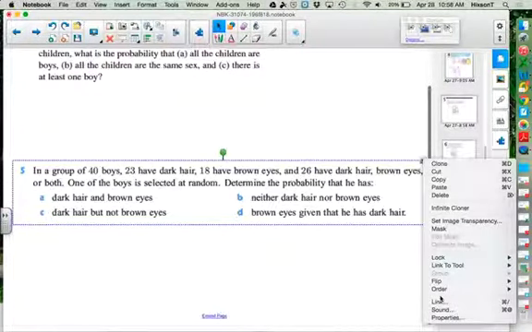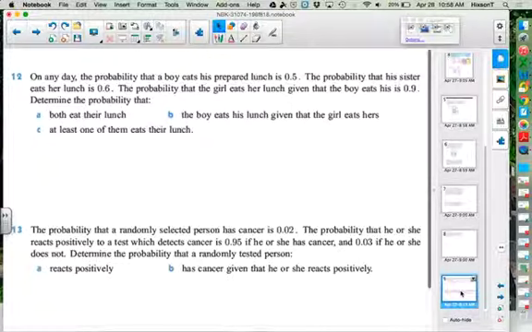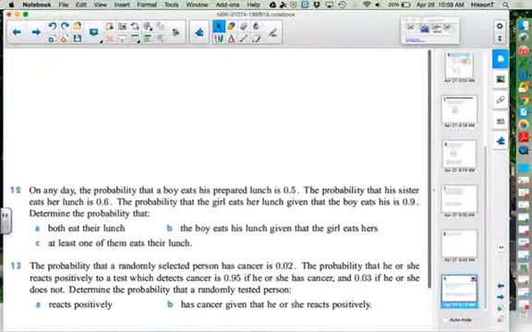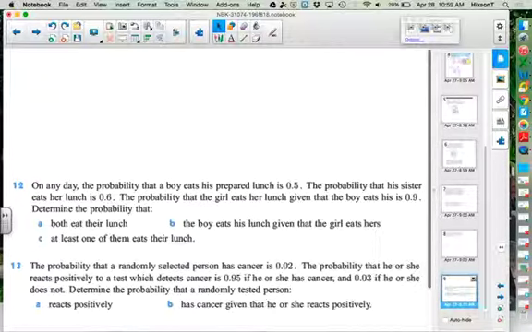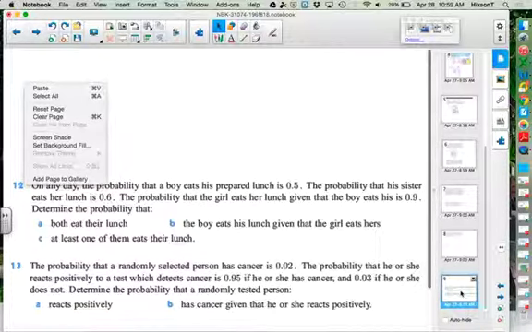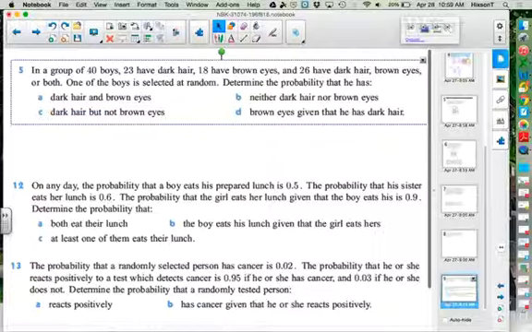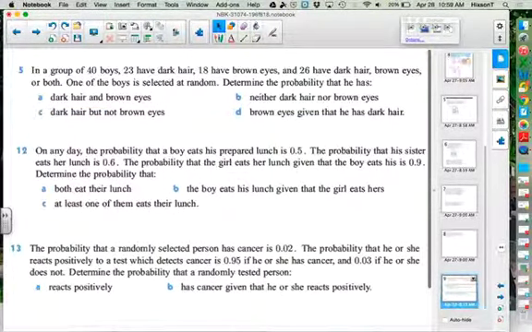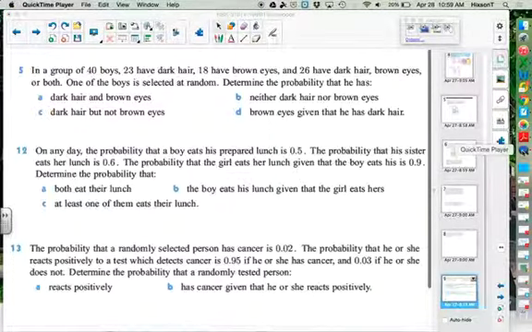If you did them, I want you to revisit those and work with somebody. If you didn't, you can just start on them. These were not on the homework. These aren't in the book. I just added these. These are from a different book. So we're going to take some time and work on these.